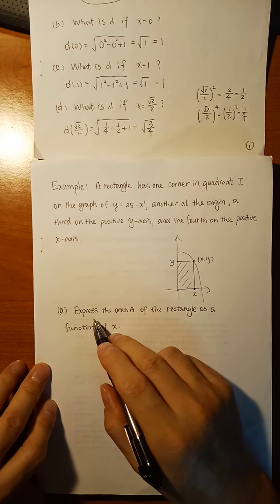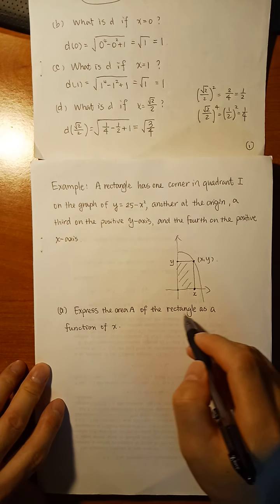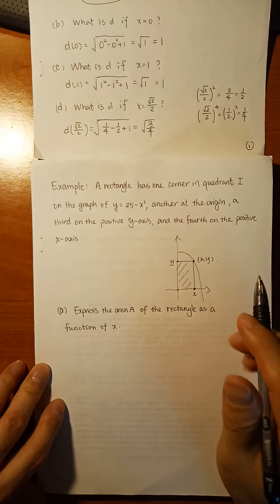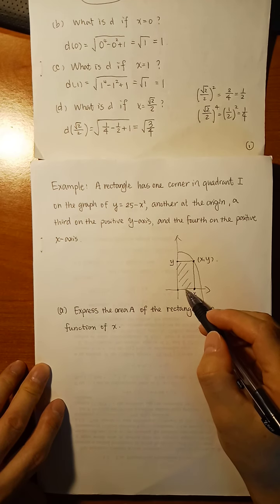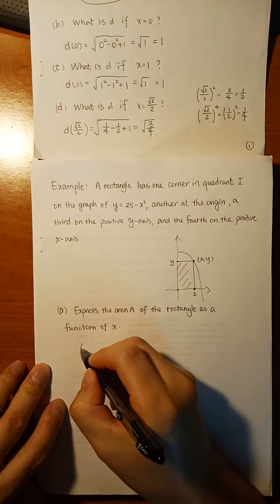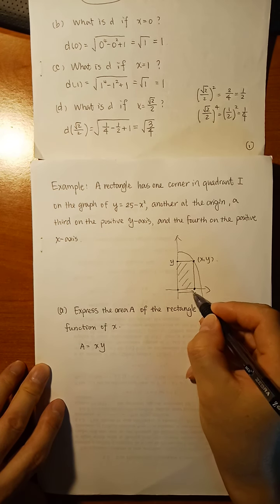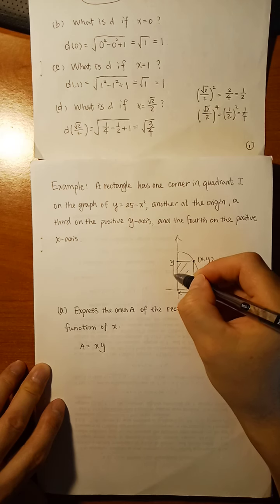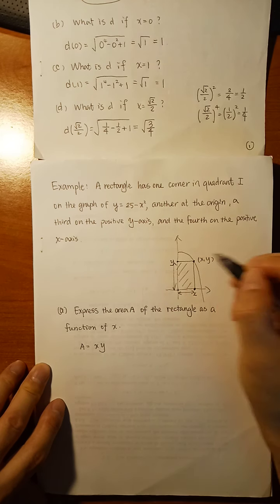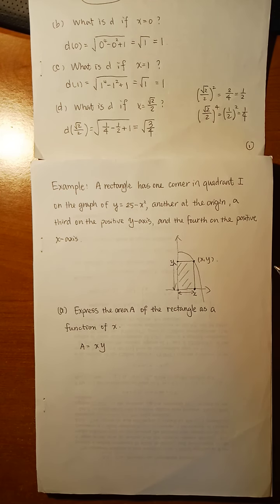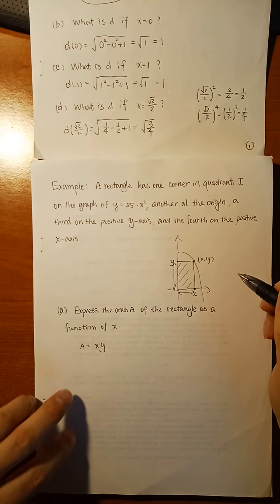Now we want to express the area of the rectangle as a function of x. Well, what is the area of a rectangle? One side times the other side. So the area is x times y. X is exactly this distance, y is this distance. Base times height.